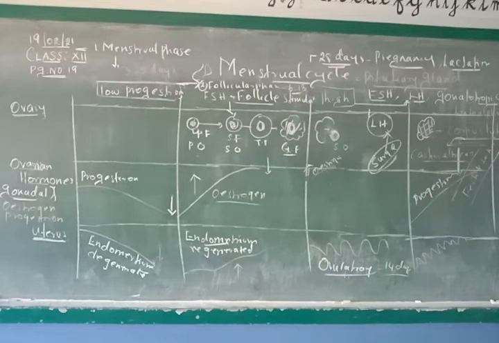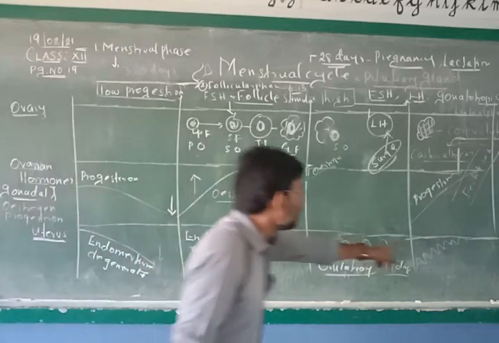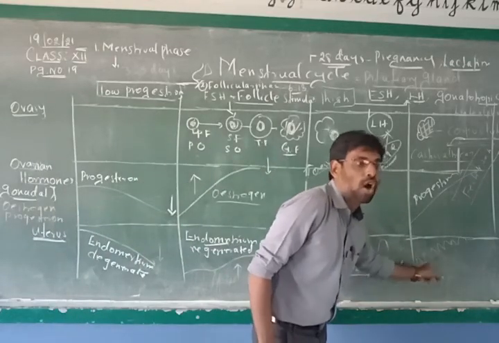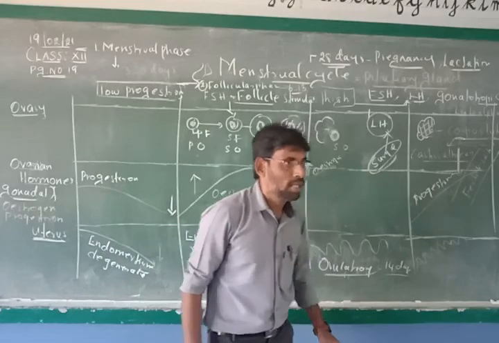During the luteal phase, the remaining part of the graafian follicle is transformed into another structure called corpus luteum. Corpus luteum secretes a large amount of progesterone, which is essential for maintenance of the endometrium. Why? Because the endometrium is made stronger by a hormone called progesterone.